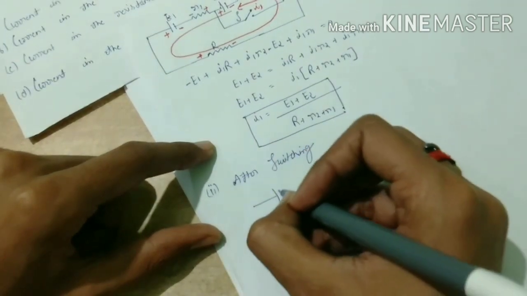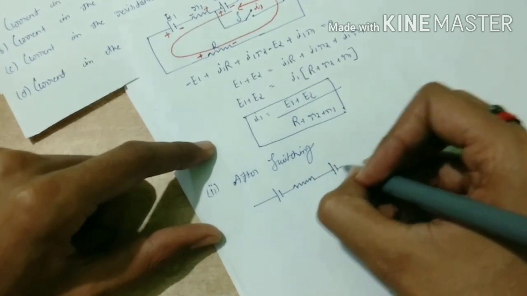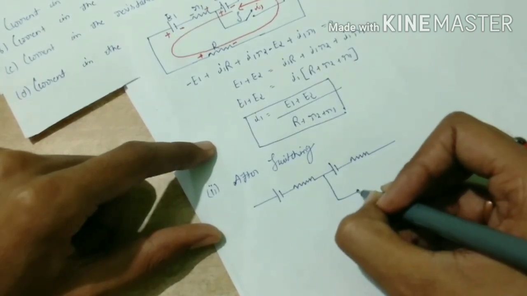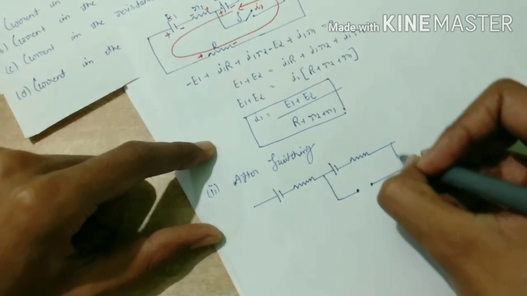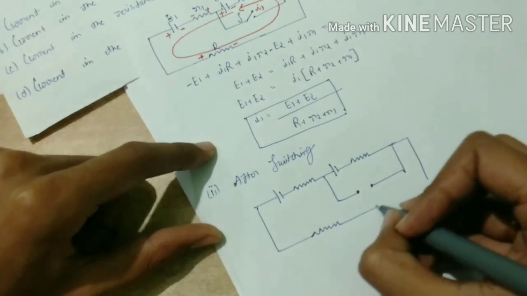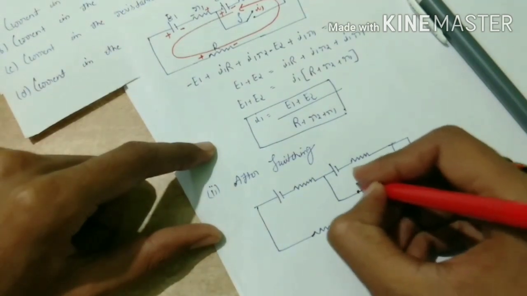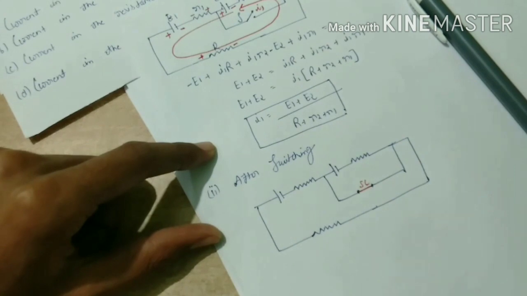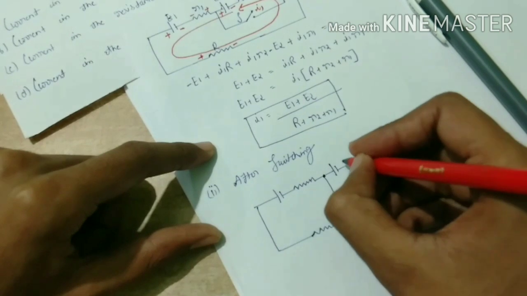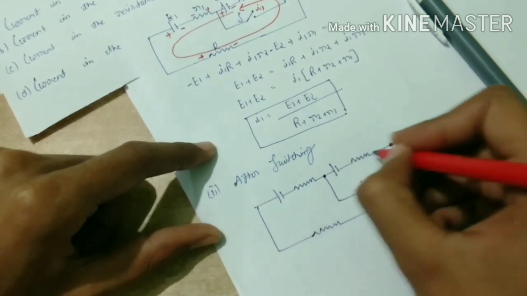The interesting thing happened here: these two terminals short circuited this battery, so no current flows in this section.